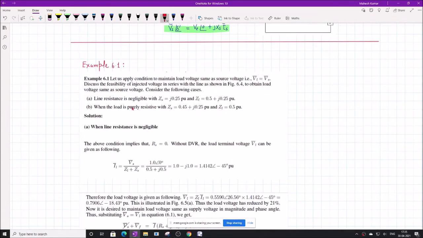So let us take this example where we have to realize two conditions. Number one, BL is equal to Bs, and the second condition is that the line resistance is negligible in the first case, and in the second case the load is purely resistive.